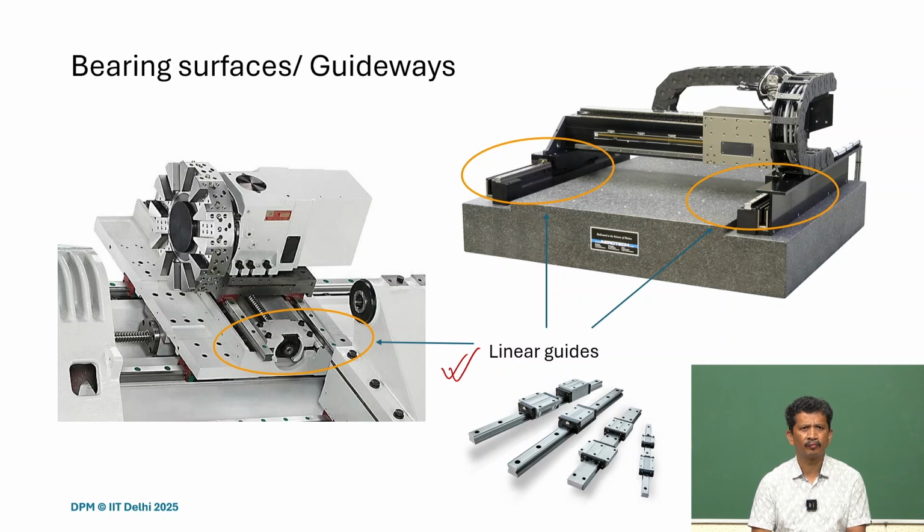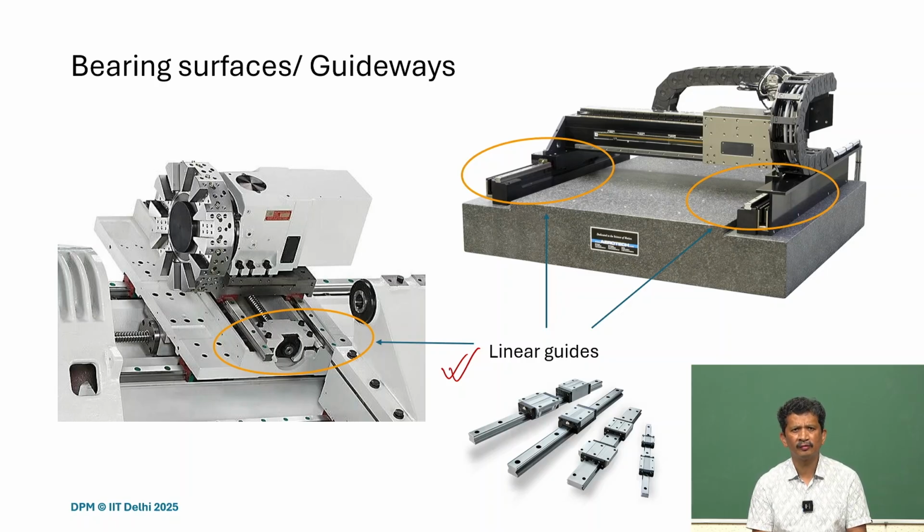Of course, there is a sliding motion, but if we look closely at the construction, there are recirculating balls inside, just like ball bearings embedded inside the linear guides. So we can get a very good speed.